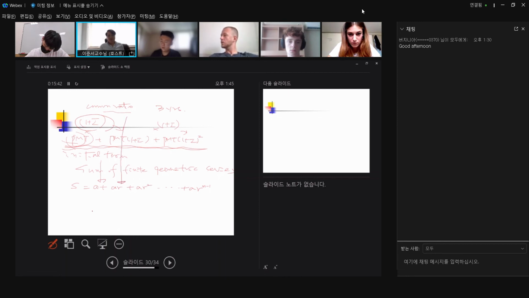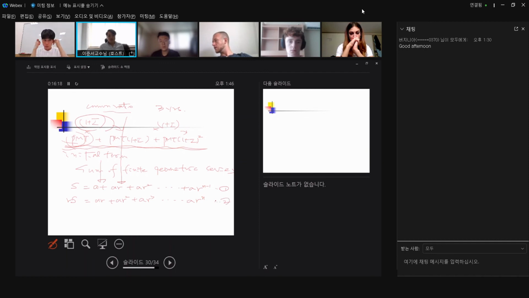To figure out the sum, we multiply equation 1 by R, so each term becomes AR, AR squared, AR to the power of 3, and the last term is AR to the power of n, right?